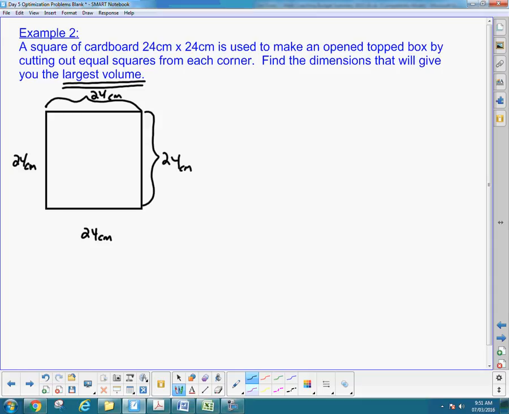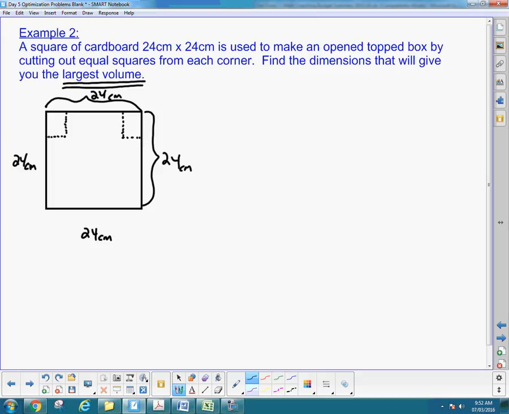So we're starting with a square piece of cardboard, and we cut out equal squares from each corner. Again, it doesn't say how big those squares are. Obviously, we don't want to take out massive squares like this because we'll run out of cardboard. So it's got to be something a little bit smaller, but we're not exactly sure how big, but it's probably something like this.